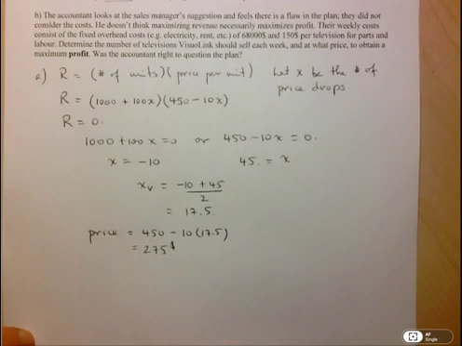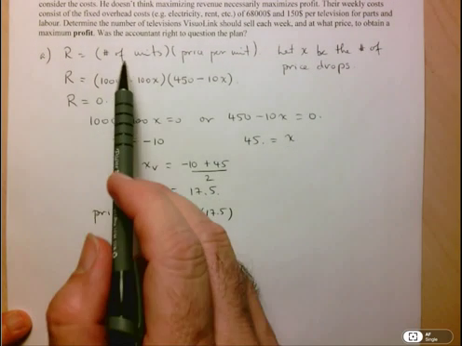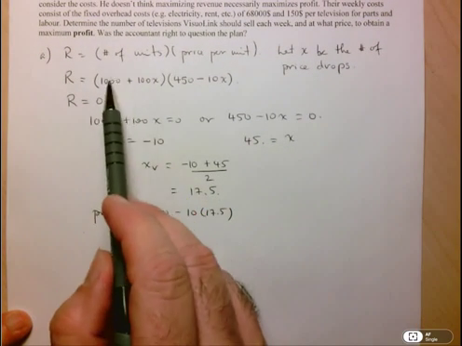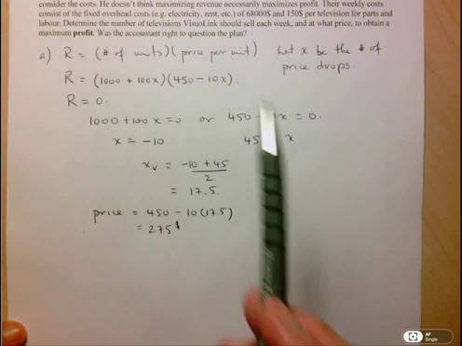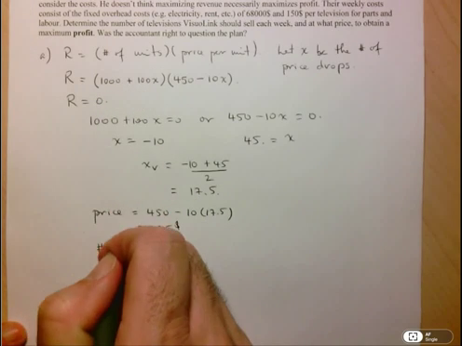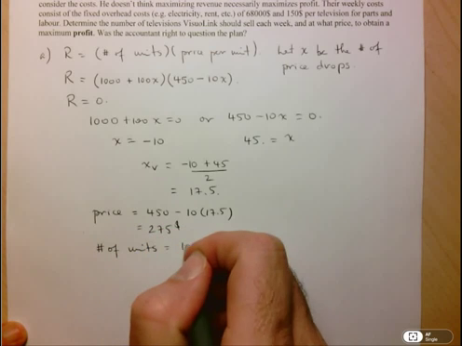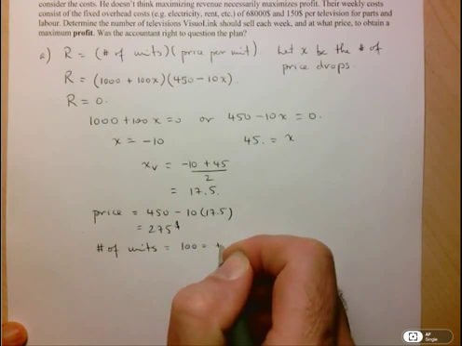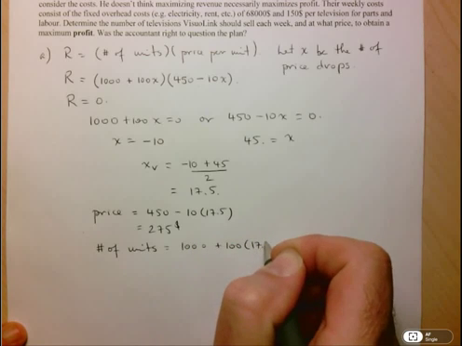And the other thing we have to determine is the number of units we're going to sell. But again, remember that for the number of units, we already have an expression based on x. So here, the number of units for maximum revenue is going to be 1,000 plus 100 times x, which is 17.5.